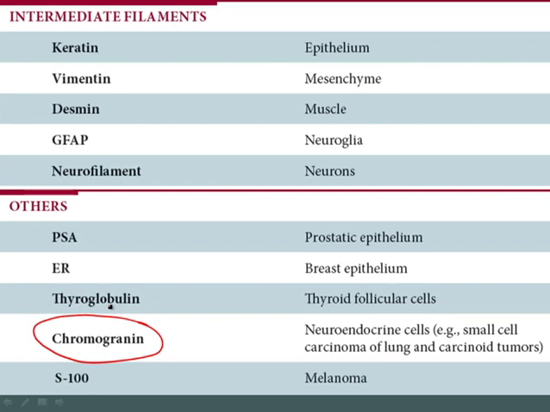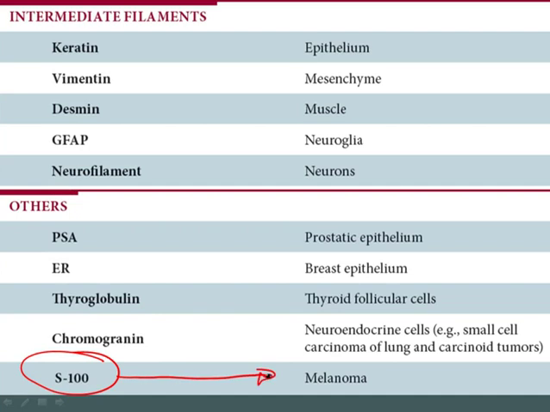And so this is a spectrum of tumors that arise from neuroendocrine cells. It is important to understand that both small cell carcinoma and carcinoid tumors are derived from the same cell type, i.e. neuroendocrine cells, and it is very high yield to know that chromogranin is expressed in neuroendocrine cells. And then finally, the last of the stains I've listed here is S100, and S100 is useful for many things, but it's particularly useful to mark melanoma.